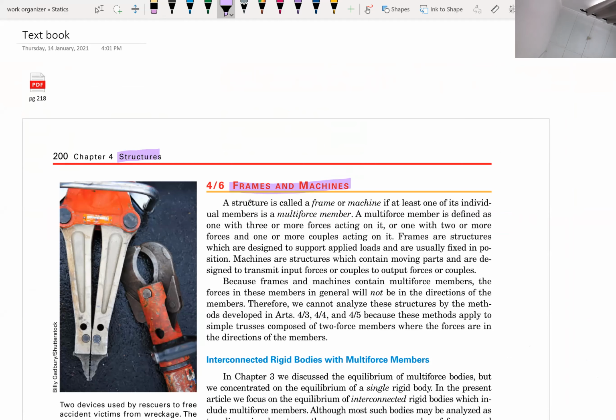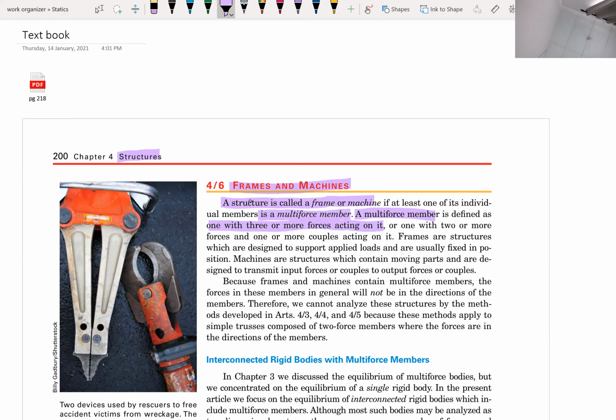A structure is called a frame or machine if at least one of its individual members is a multi-force member. A multi-force member is defined as one with three or more forces acting on it.